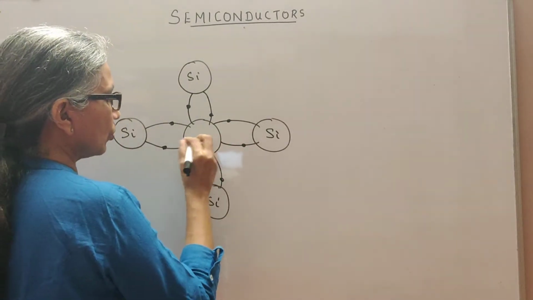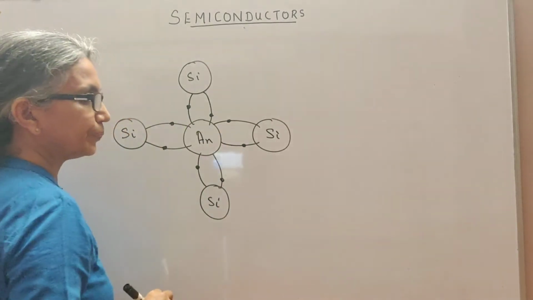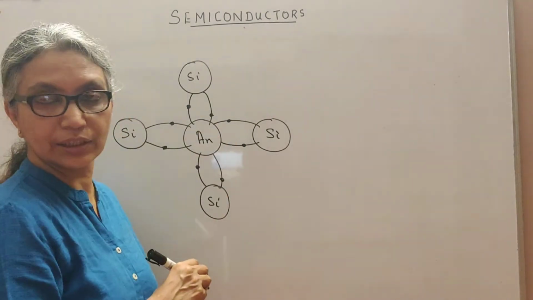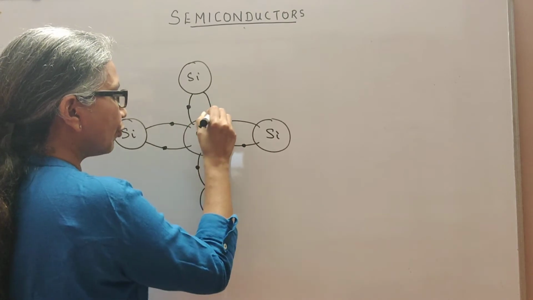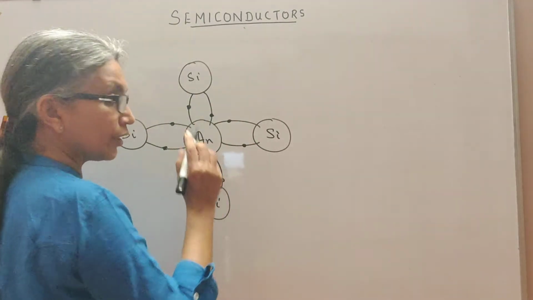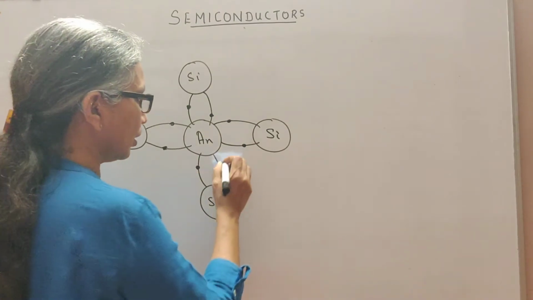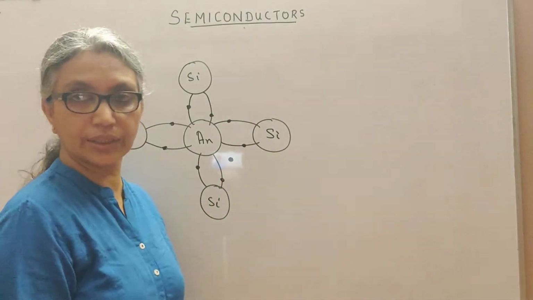So if I add arsenic or antimony here, it has 5 valence electrons. Of the 5 valence electrons, 4 will enter into bonding, but one valence electron, unable to enter into bonding, will appear here as a free electron already.